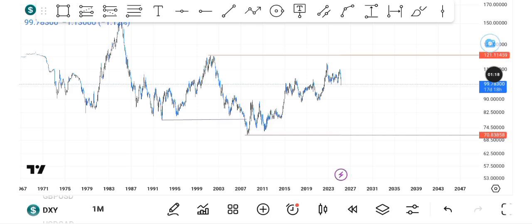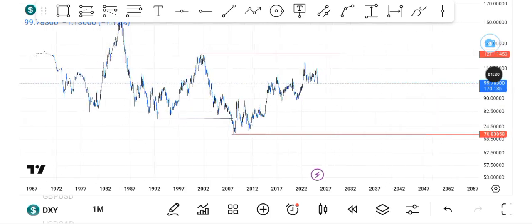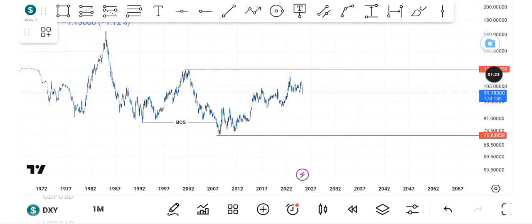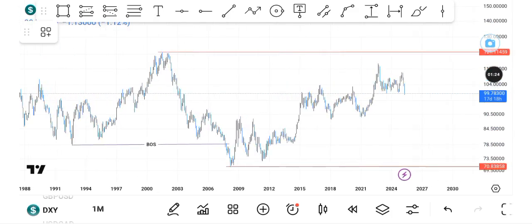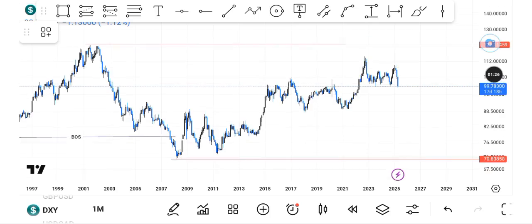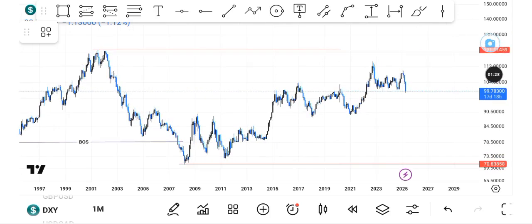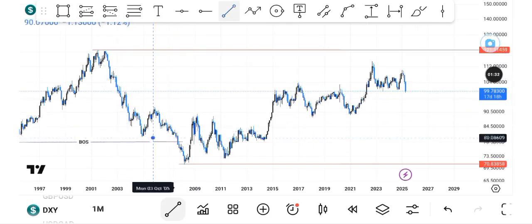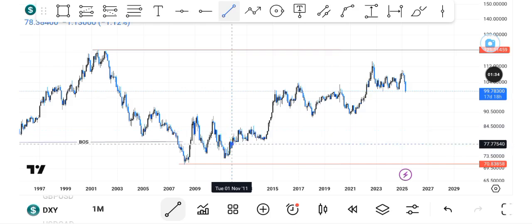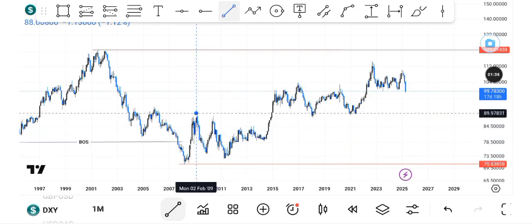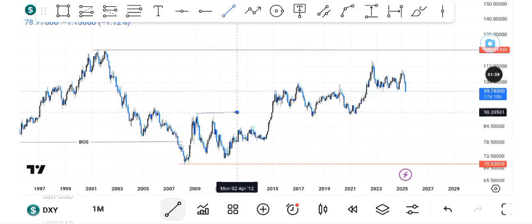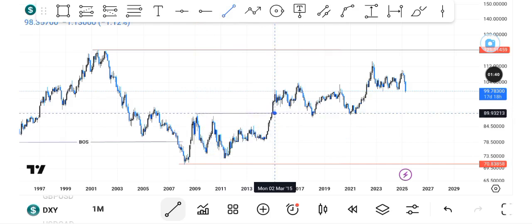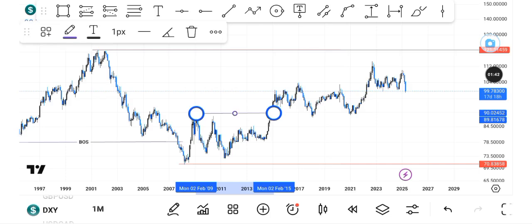When the DX dollar pushes high, other foreign currencies like EURUSD, GBPUSD, AUDUSD will be moving in the opposite direction. So we're going to talk about this already.